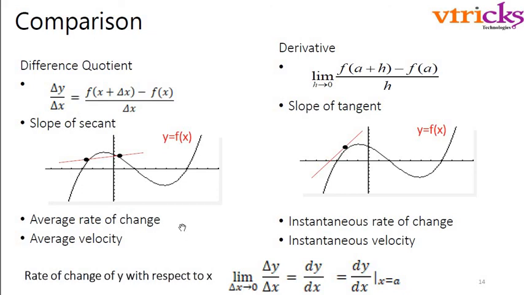It is not restricted to an instance. It is just the rate at which y will change with respect to x. But when we talk about the slope of the tangent, it is the value of dy by dx at a particular point x equal to a. So it means that we can use the concept of derivative, we can evaluate dy by dx and use it to find the slope of a curve at a point.